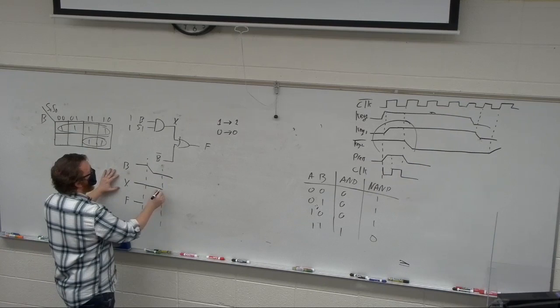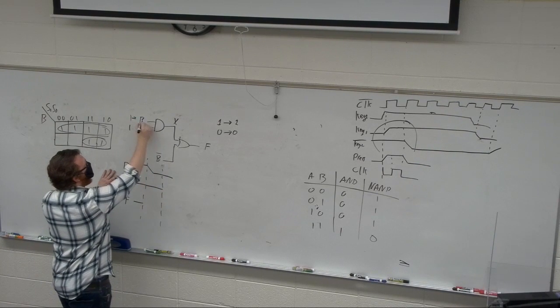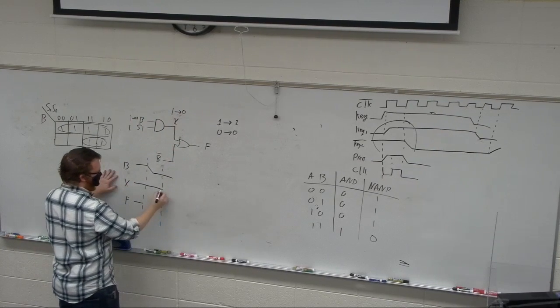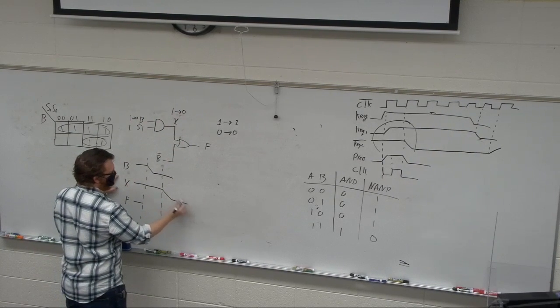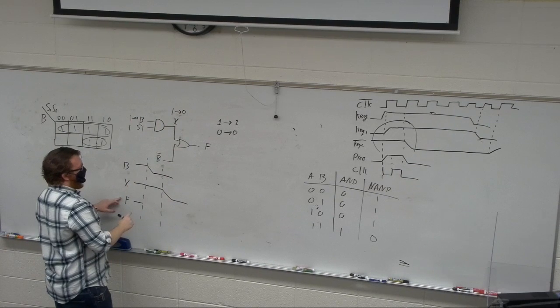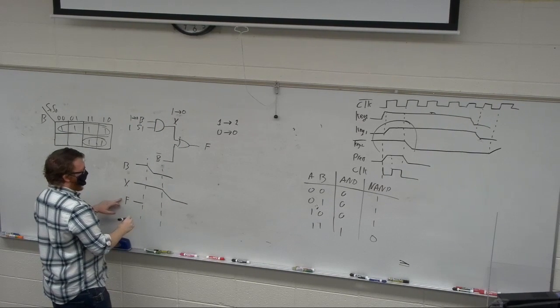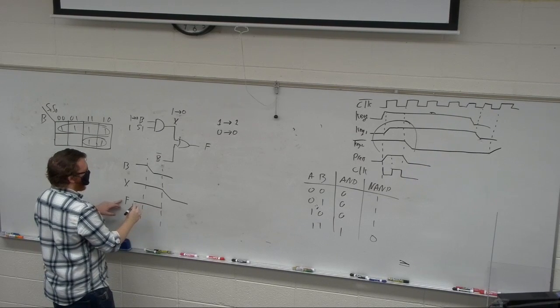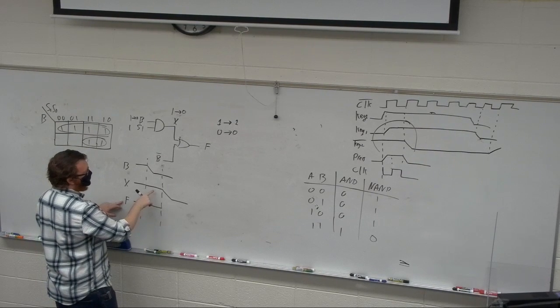I need to change because now I went from 1 to 0. This one went 1 to 0. And then F goes and says, well, at this point, I have a 1, 0.